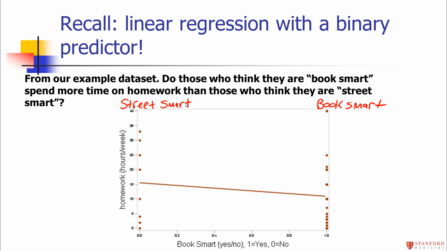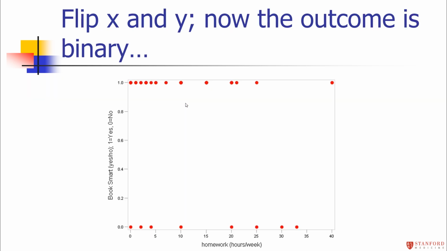But because this is cross-sectional data, I could flip that. I could ask not whether classifying yourself as book smart predicts the amount of homework you would do, but I could ask it the other way. Does the amount of time you spend on homework predict whether or not you consider yourself book smart? So I'm just going to flip the x and y variables.